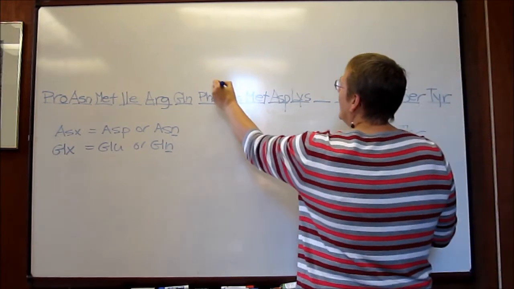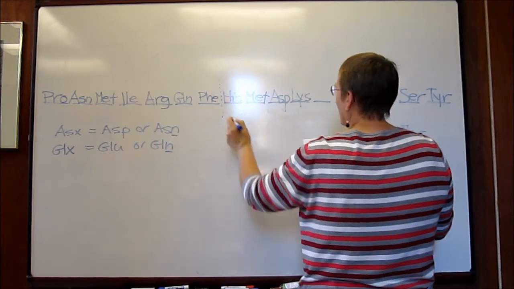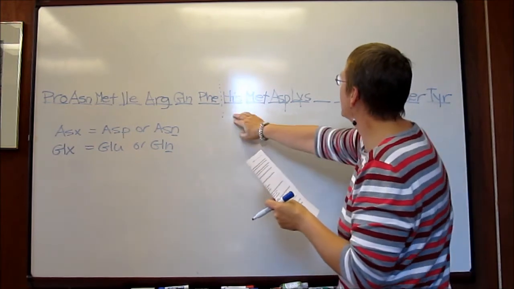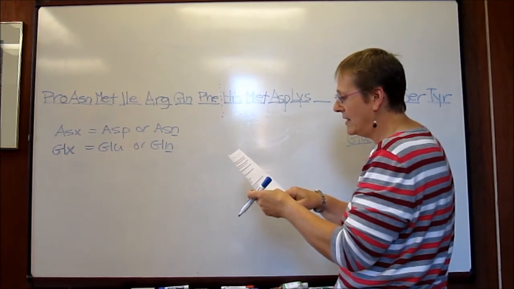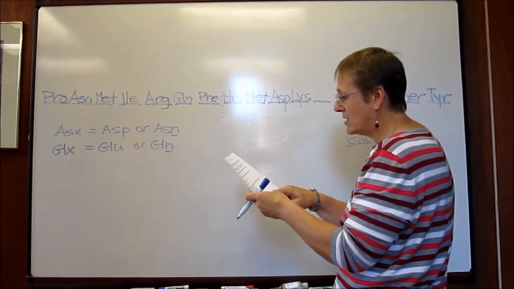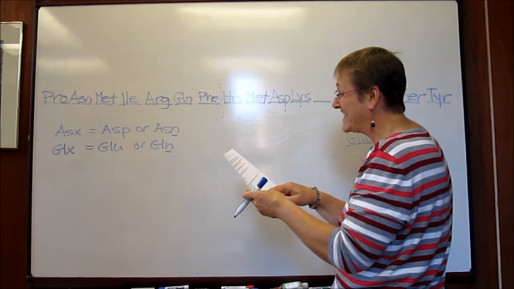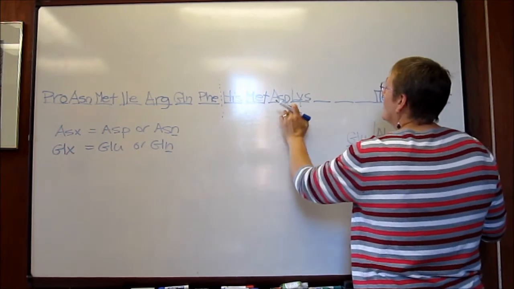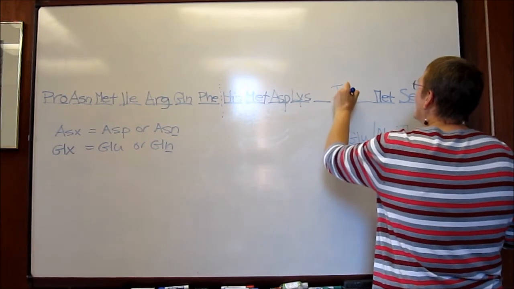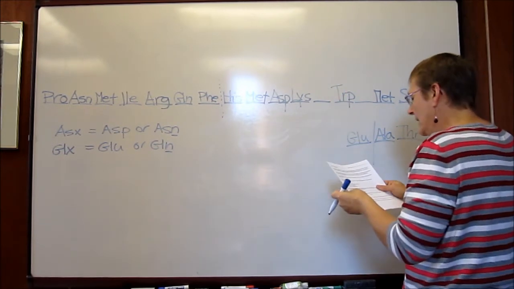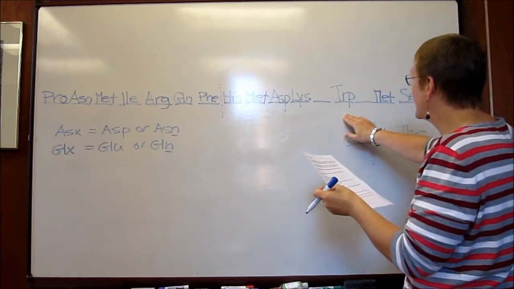Chymotrypsin would have cut here, and I'm looking for something that has this his-met-lys business in it from chymotrypsin. I find that in the third peptide. It's got 1, 2, 3, 4, 5, 6 amino acids. The last one has to be the tryptophan, which is where this one cuts.